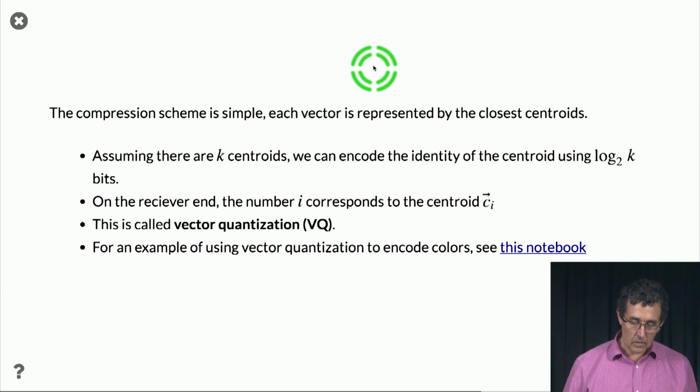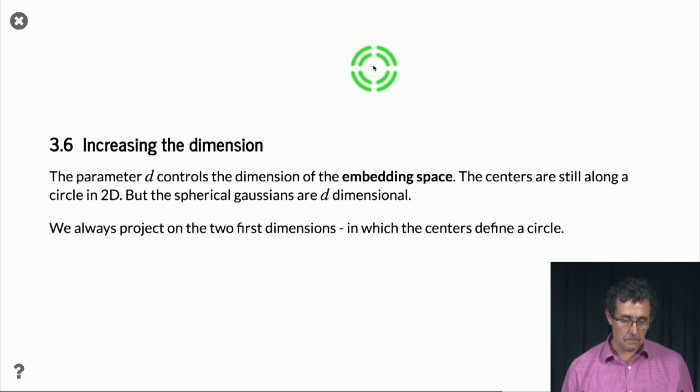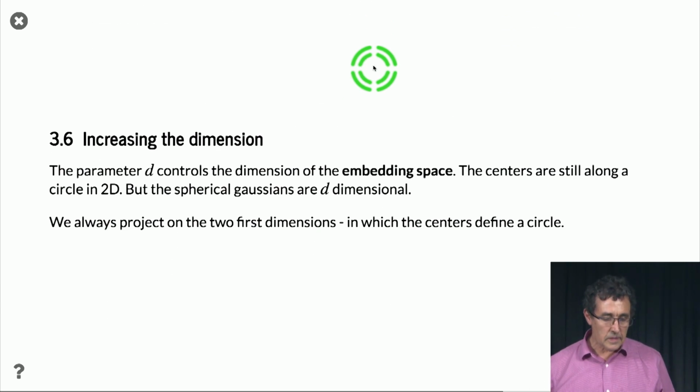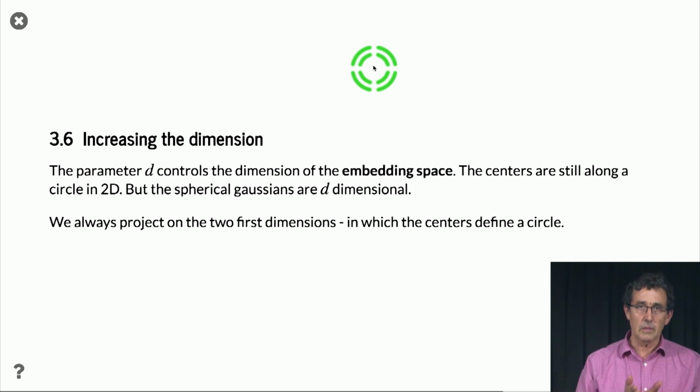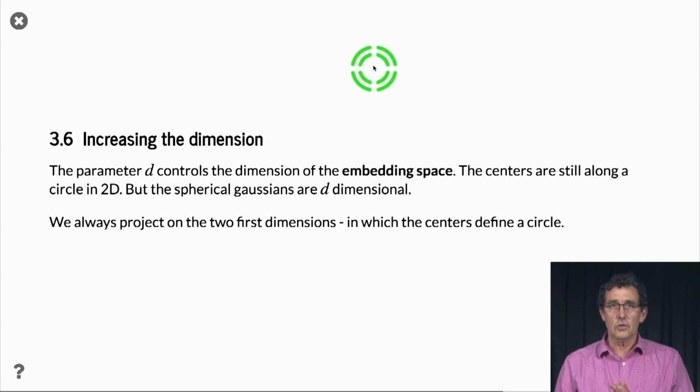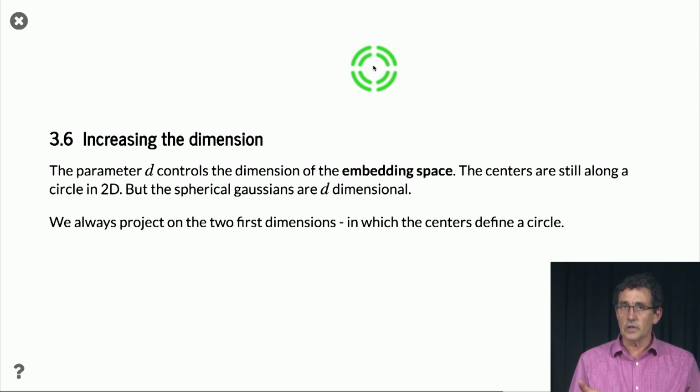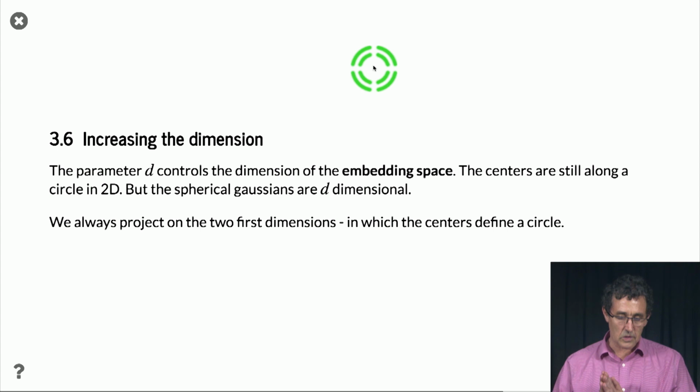Okay, so let's continue. The next thing we're going to do is, in a sense, the most problematic one. We're going to increase the dimension. So what do I mean by increasing the dimension? The distribution that I showed you is necessarily a two-dimensional distribution because I can show it on the screen.